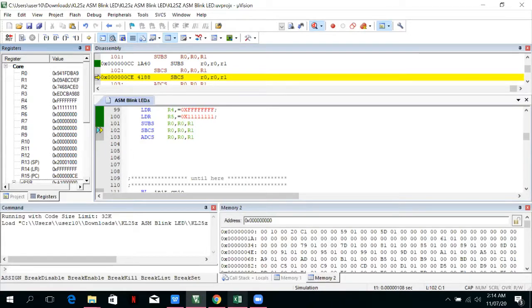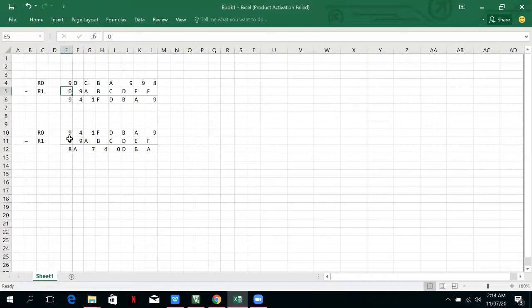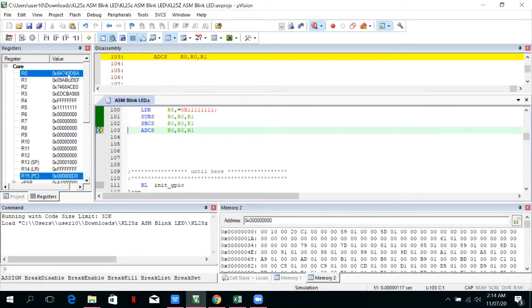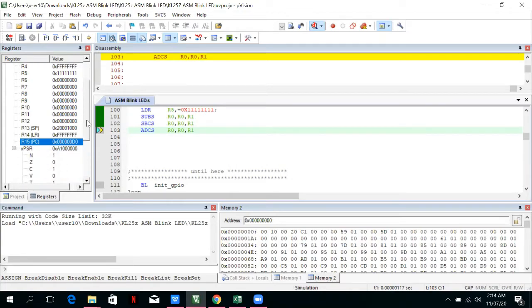So here is the manual calculation: 941FDBA9 subtracted with 09ABCDEF gives 8A740DBA. We get the answer placed at R0, and we check that the carry is 1.